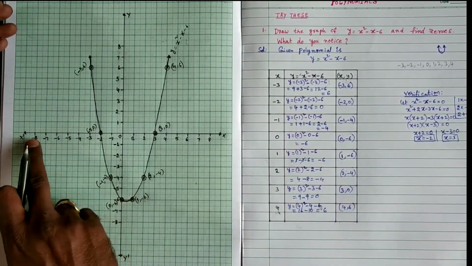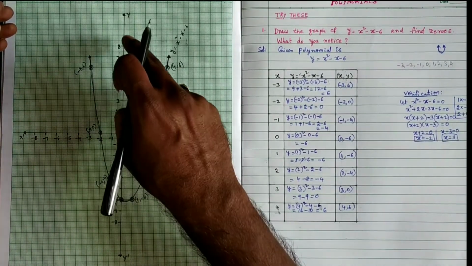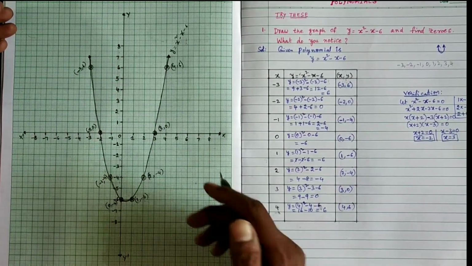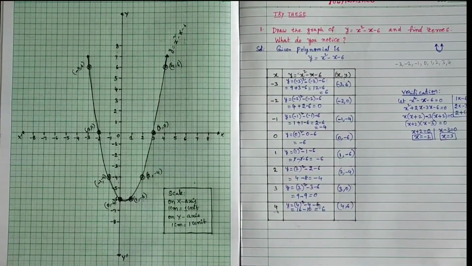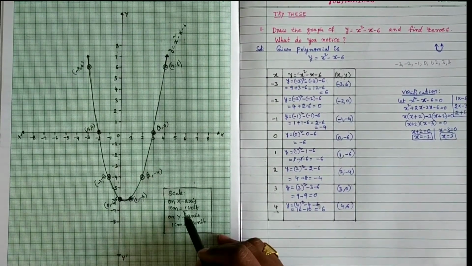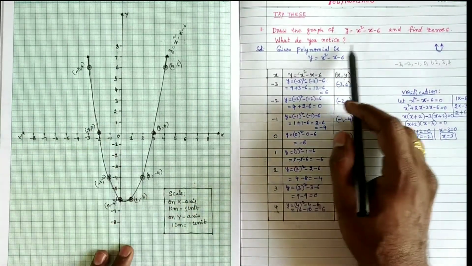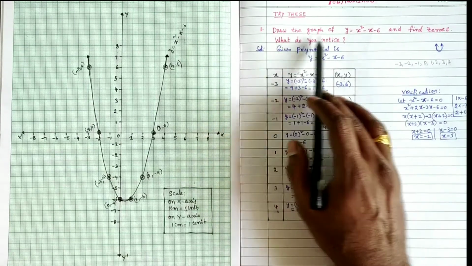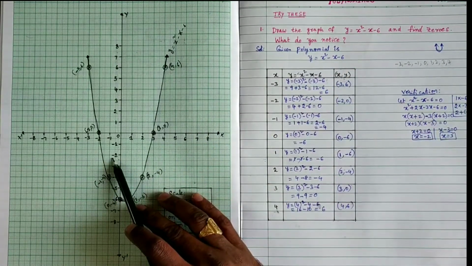The scale is on x-axis 1 centimeter as 1 unit, on y-axis 1 centimeter as 1 unit. So this is the scale. The graph is finished, but the problem is not finished. Draw the graph of y is equals to x square minus x minus 6 is finished.